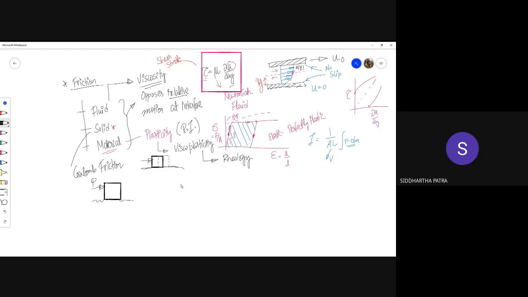If I want to draw the free body diagram of the body, the reason it is touching the ground is either because of its weight or anything else. It has some normal force developing on the surface. This P right here could also have a component in a different direction, but it's the net normal force coming from the surface that matters.